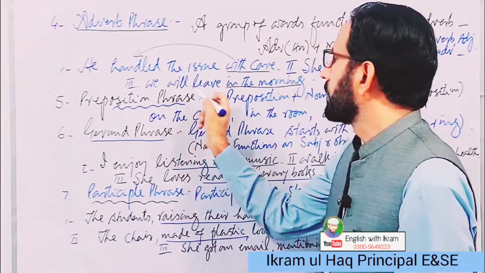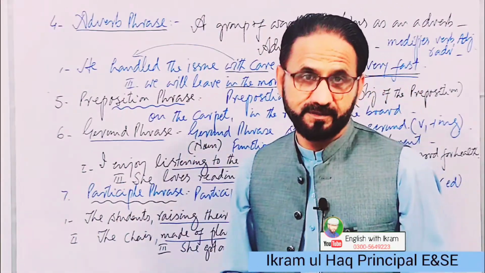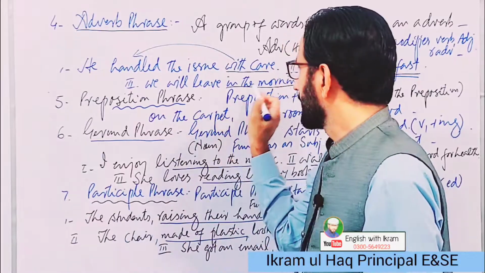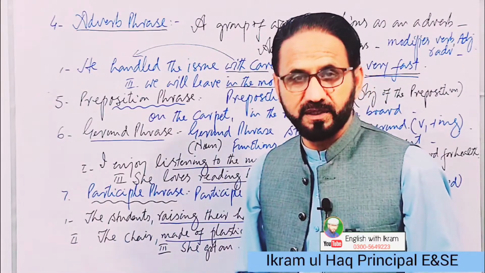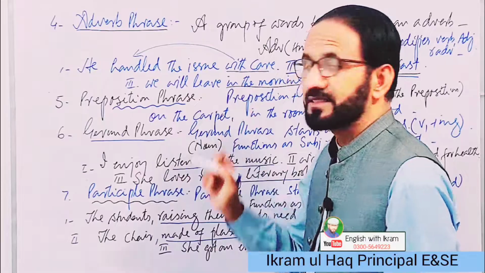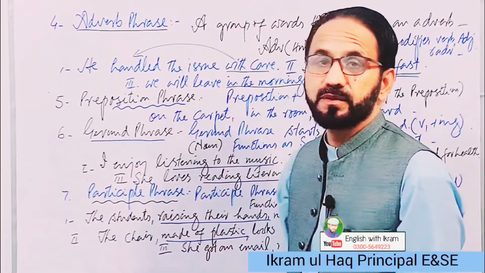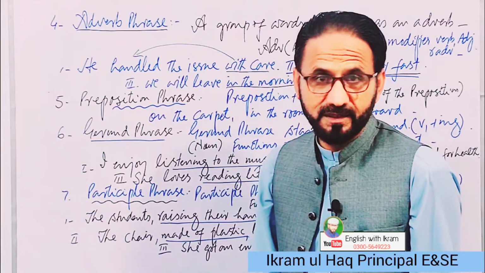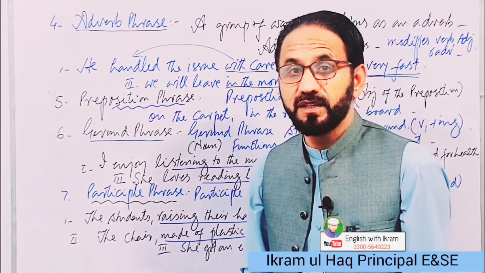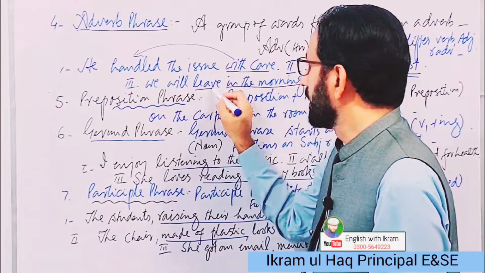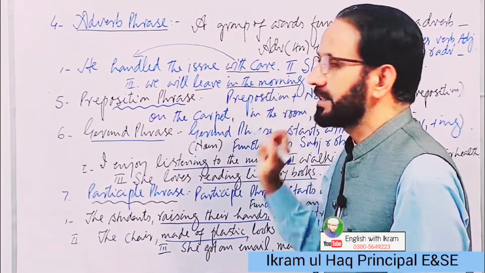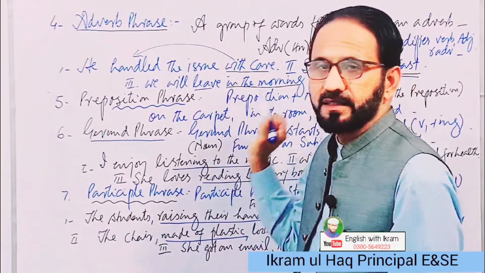Another example, we will leave in the morning. Now, in the morning is a group of words, a phrase that's telling us more about the time of action. We will leave. When will we leave? It answers the question when. Leave is a verb. When? In the morning. So in the morning is preposition, modifier, then noun.